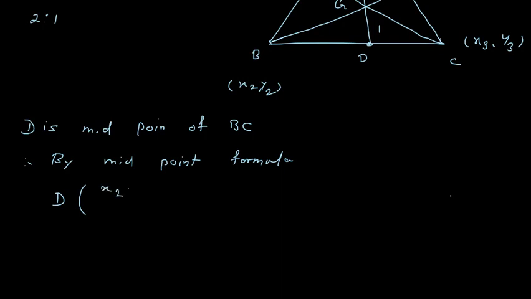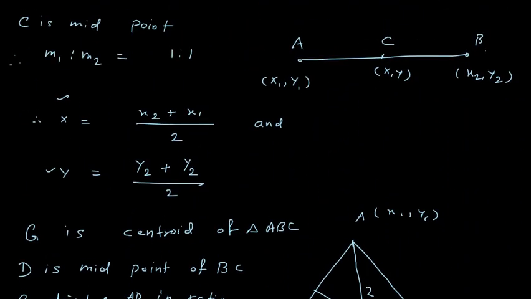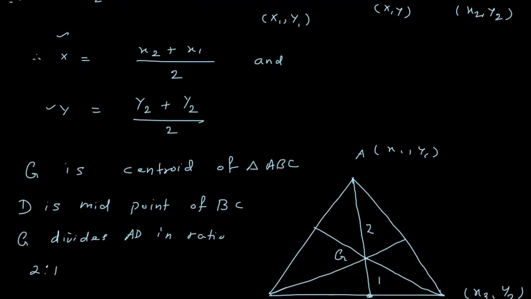So x coordinate will be x2 plus x3 divided by 2 comma y coordinate is y2 plus y3 divided by 2. Okay, midpoint formula, just now you have seen that x coordinate is given by x2 plus x1 divided by 2, y coordinate is given by y2 plus y1 divided by 2.